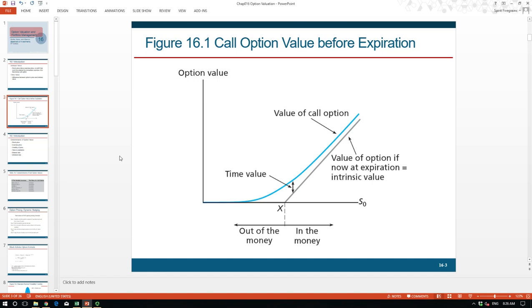So this picture fundamentally shows you that the option value has two components. The first one is the intrinsic value, represented by this 45-degree gray line and this flat line between 0 and X. And also the time value of an option.